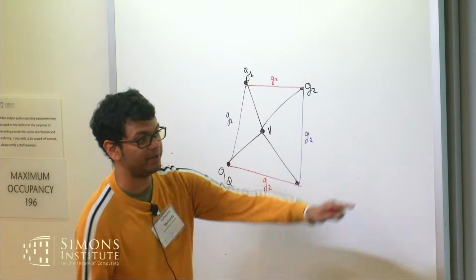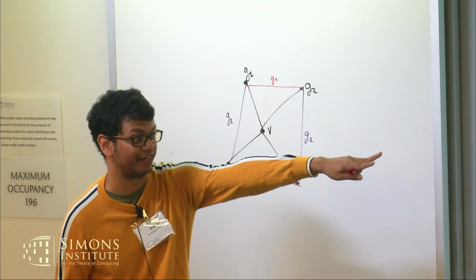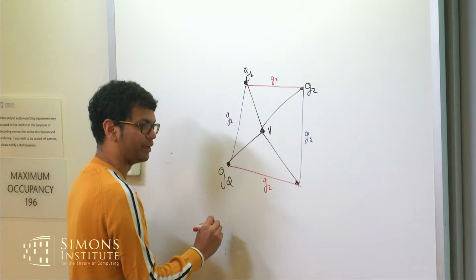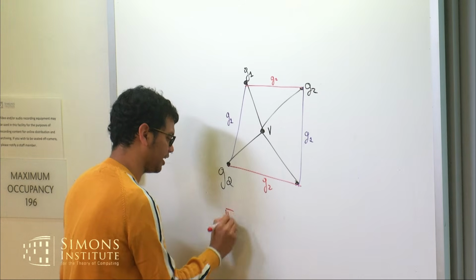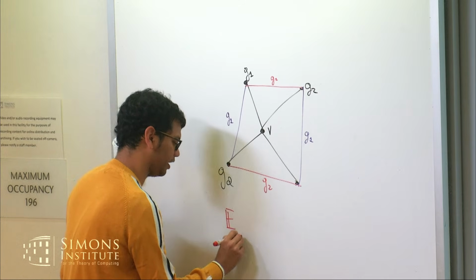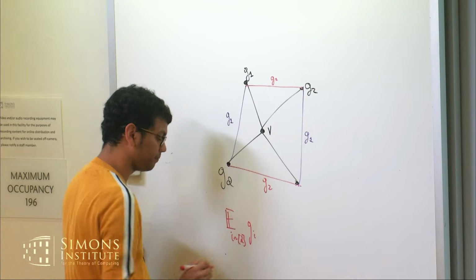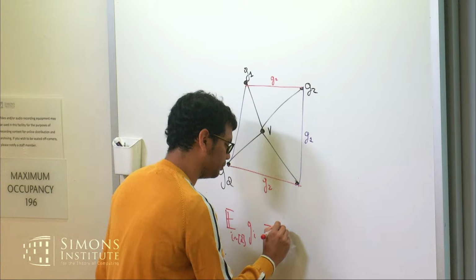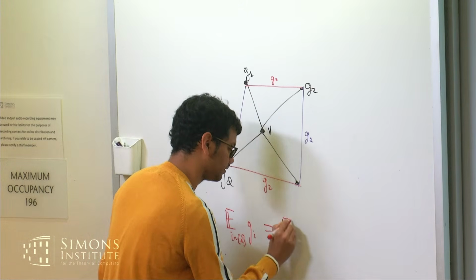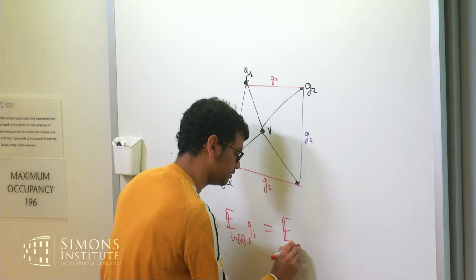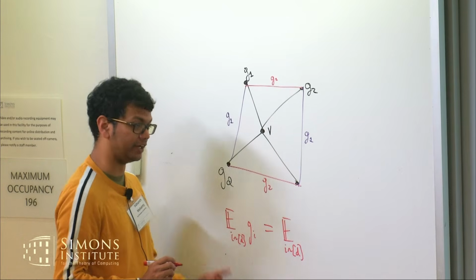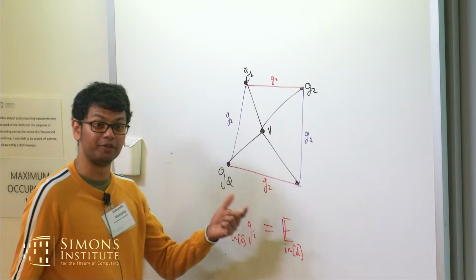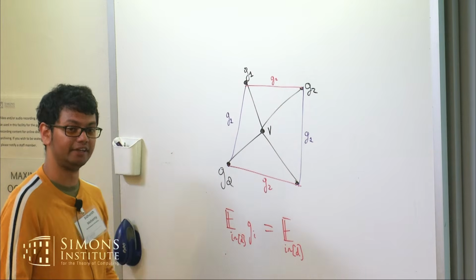Okay, so maybe let me add an extra step in between the two sides of the equality. Here I have expectation over I, gi. Now what I want to do is first take an expectation over I, but then I want to remember that gi actually shows up in a bunch of places in the link.